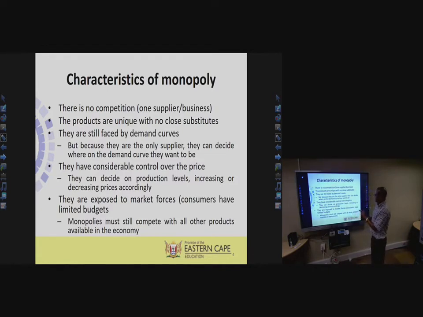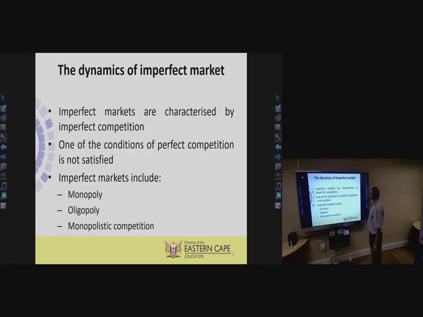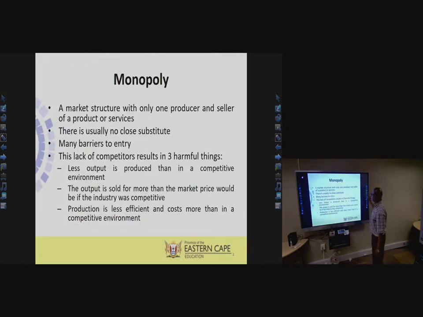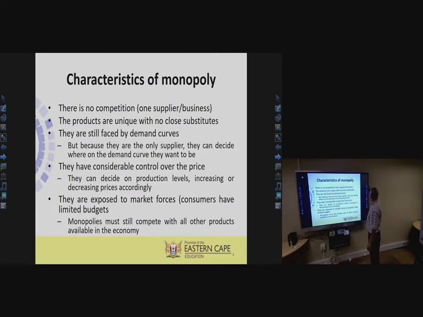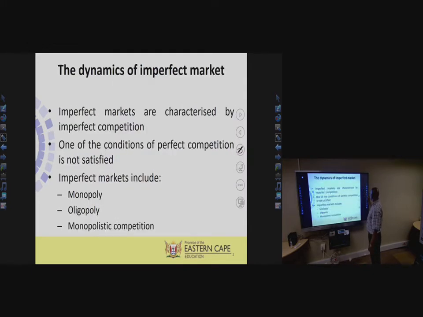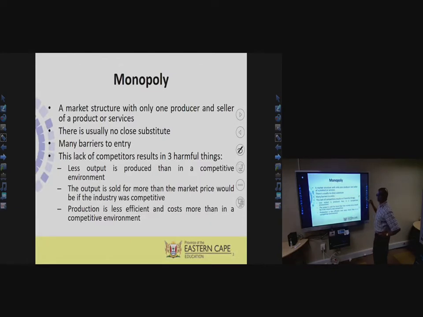And you know that if there was a product which can substitute that particular product, then you will get a situation whereby the sellers will lose, in terms of people simply buying the other product.